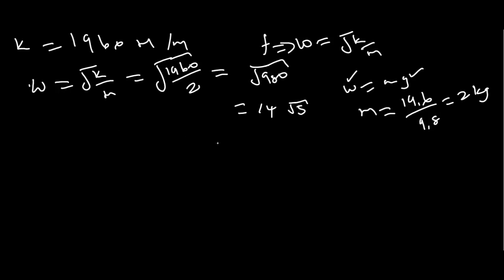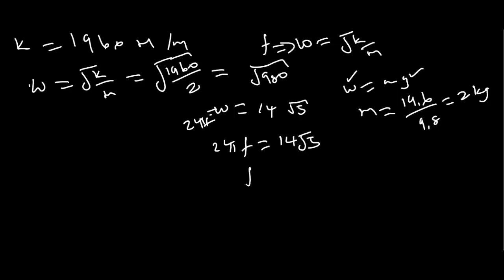Remember, we need the frequency. As you know, this is the angular velocity, so this is the same as 2 pi f. So 2 pi f is going to be 14 root 5.